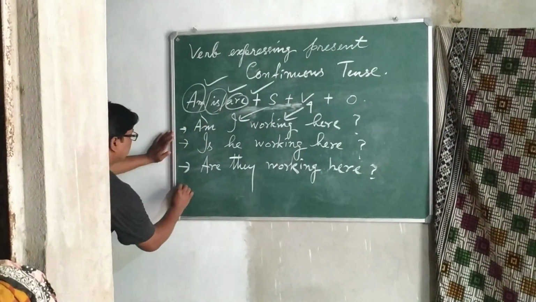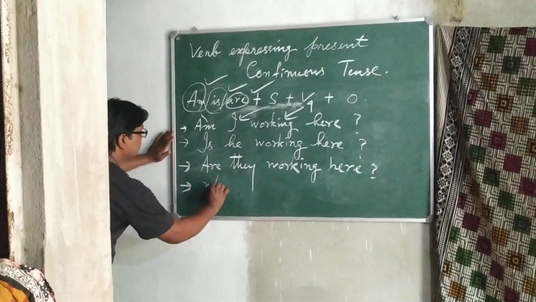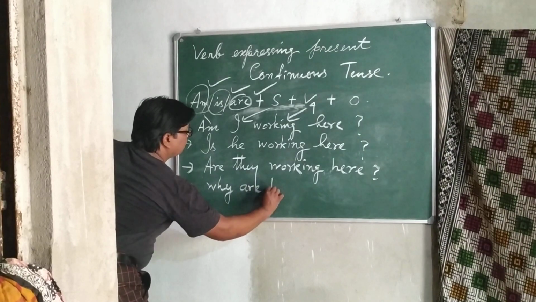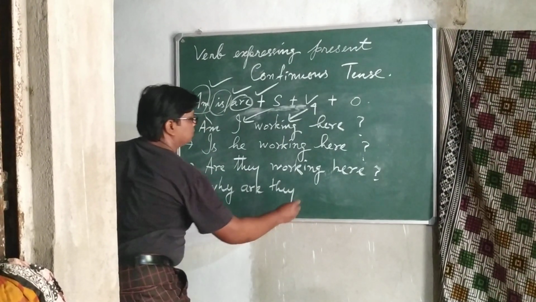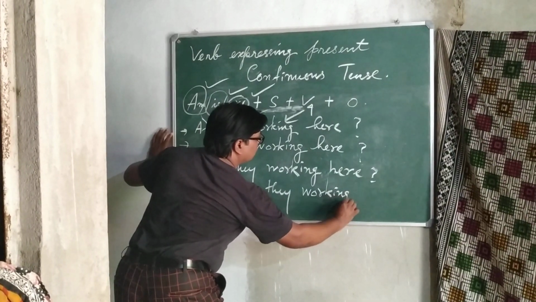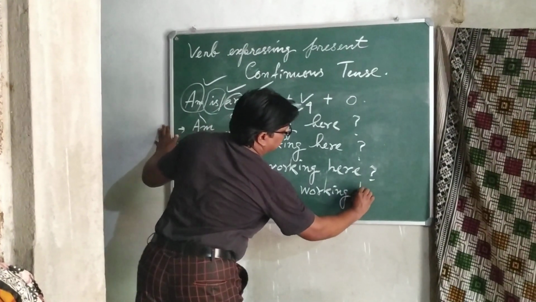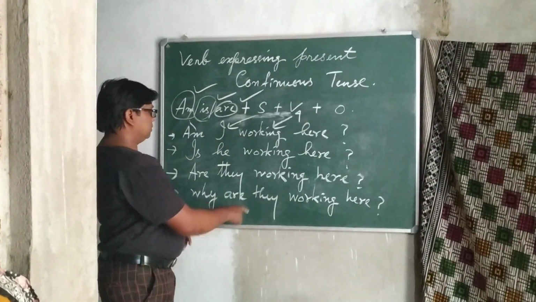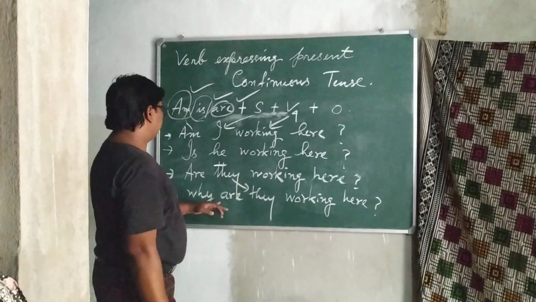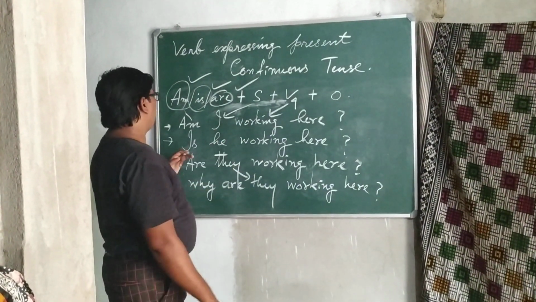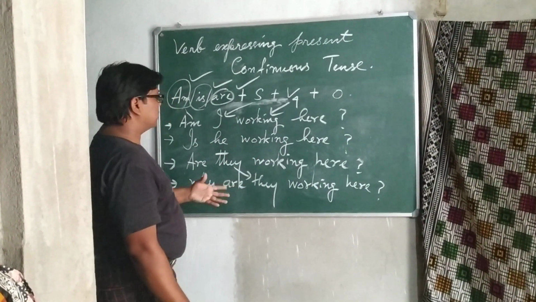We can make another one: Why are they working here? I am using they; you can use why am I working? Why is he working? Like that you can use.